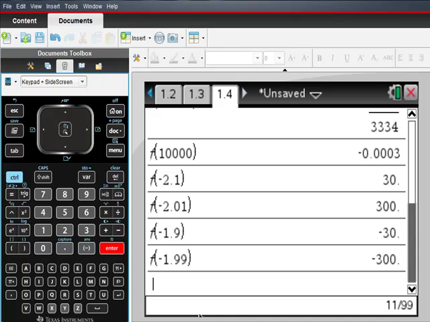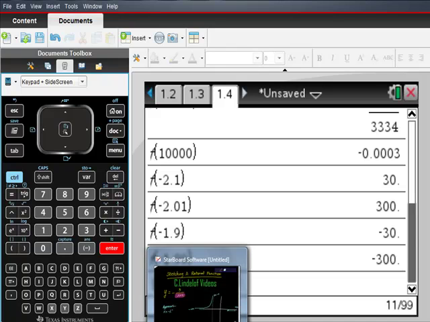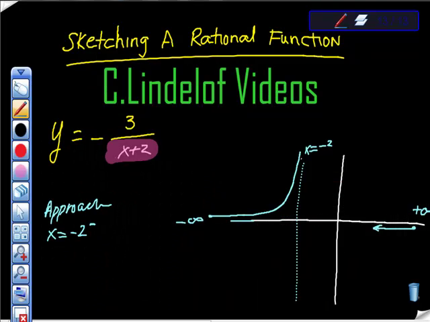So that provides proof of this, doesn't it? Just what you thought was going to happen. It's going to come up to the wall. As it gets to the wall, it's going to bend down. So as we get really close to negative 2 from the right-hand side, the function dives down really hard, doesn't it? As we get really close to negative 2 from the left-hand side, moving right, it goes to positive infinity. How's that? Doable? Got to have a plan, though.